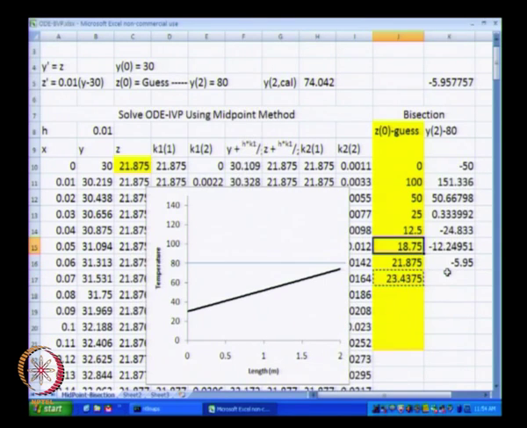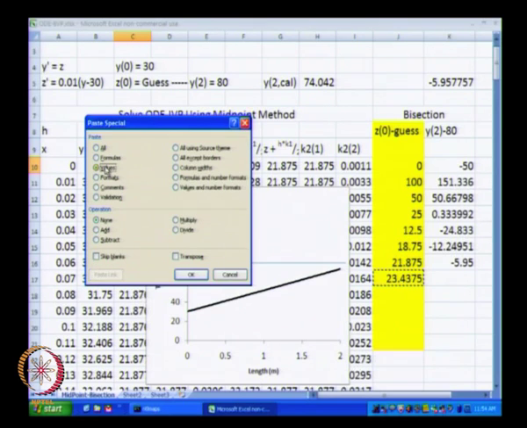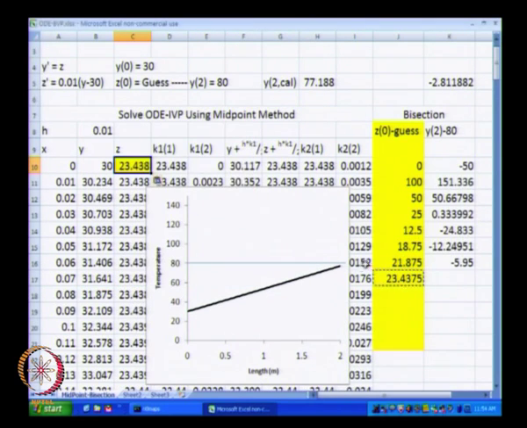23.4375, we copy that and paste it as our Z0 using paste special as we have been doing so far, and again as you see, this temperature has inched closer to the actual 80 degrees Celsius value.